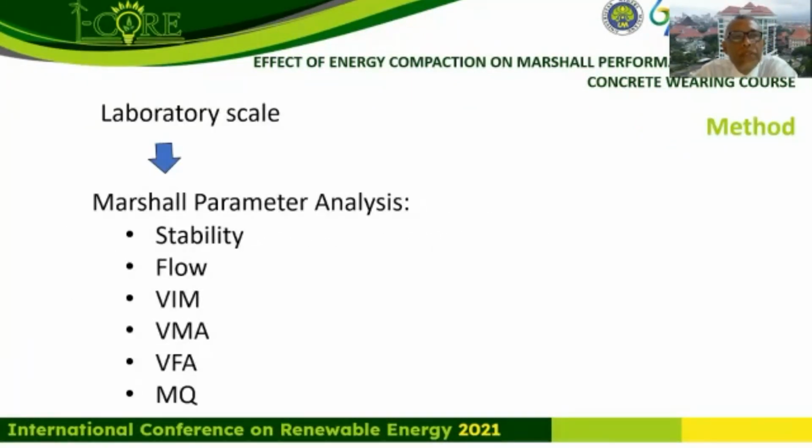The approach is laboratory scale, namely by using Marshall parameter analysis. Marshall parameter analysis consists of 6 parameters: stability, flow, VMA, VIM, VFA (void filled with asphalt), and MQ, the Marshall quotient.